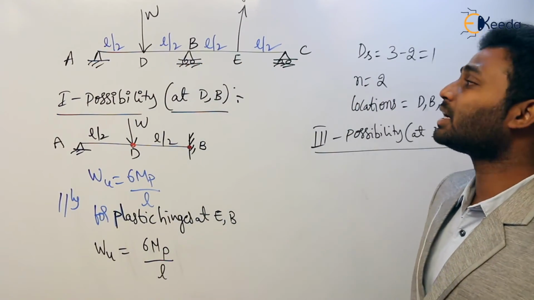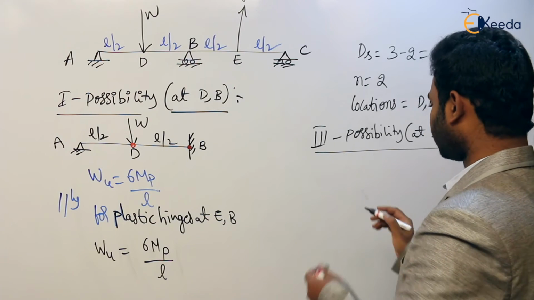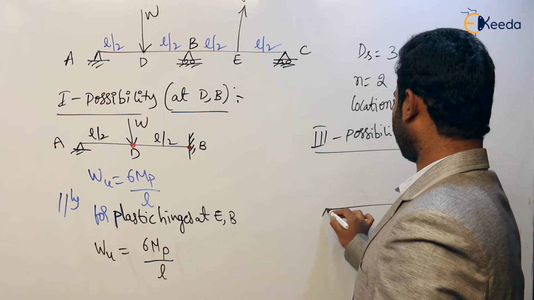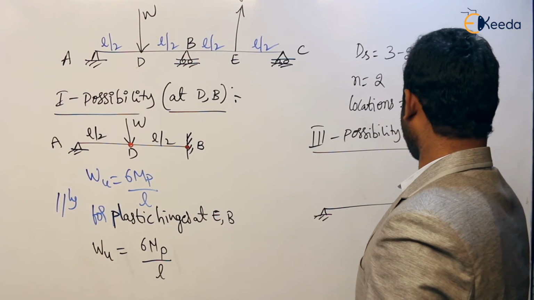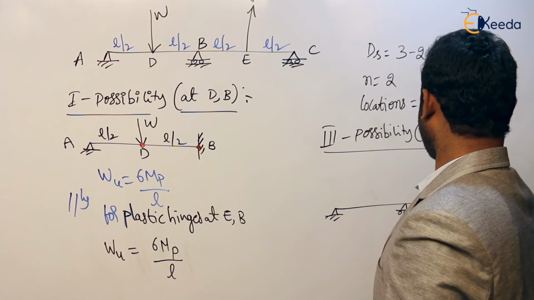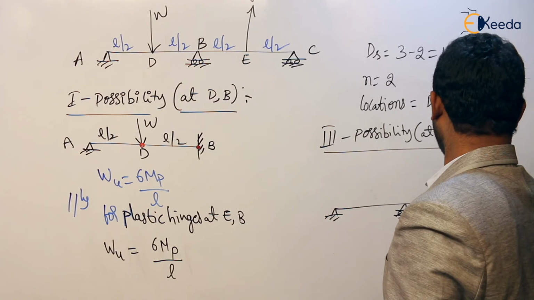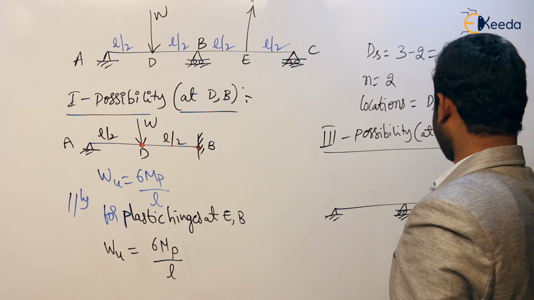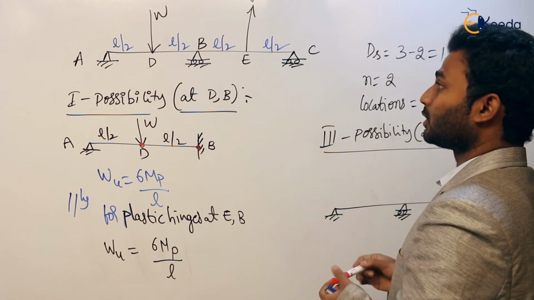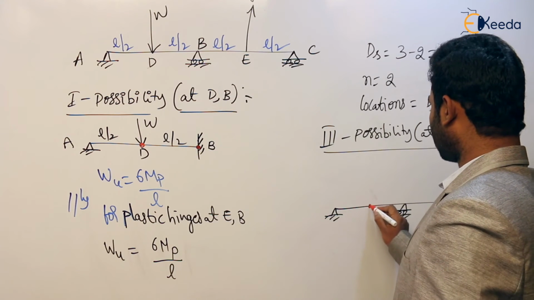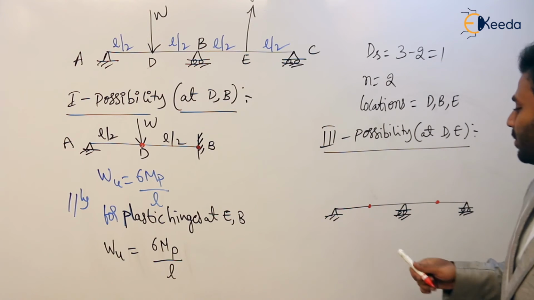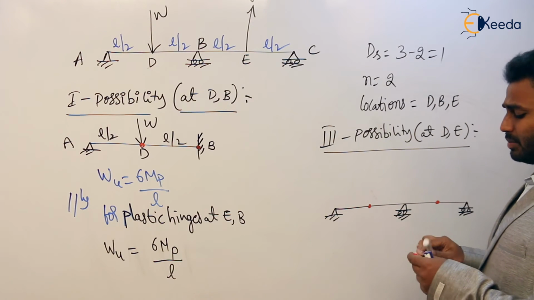So assume the hinges at D and E. After forming the hinges at D and E, how does the beam deflect?